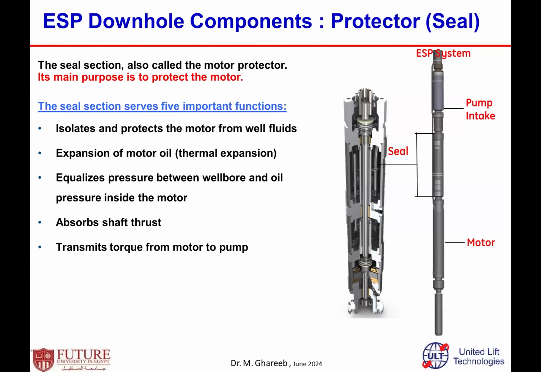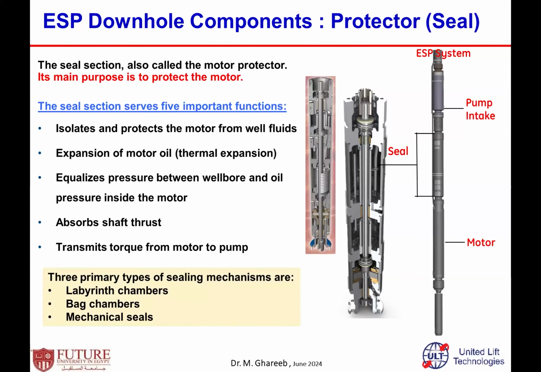There are different types, and it's not the time to talk about all of them, because there are different types according to the manufacturer. Each type has certain advantages and limitations based on motor size, motor horsepower, motor configuration, pump configuration, downhole conditions, and so on. In the market there are different types. If you Google this, you can find pictures or cutaways showing how it looks from inside.